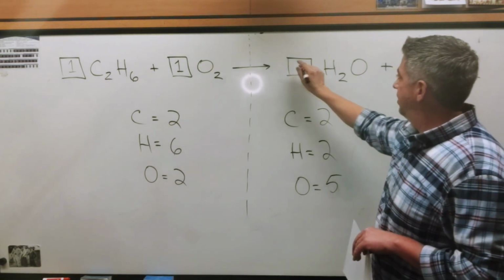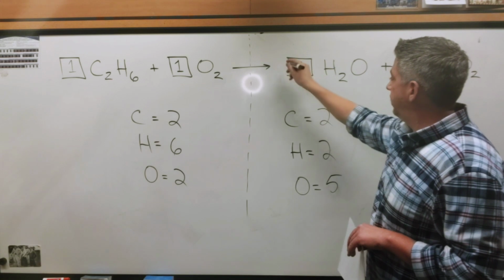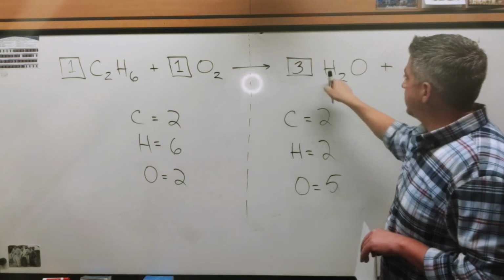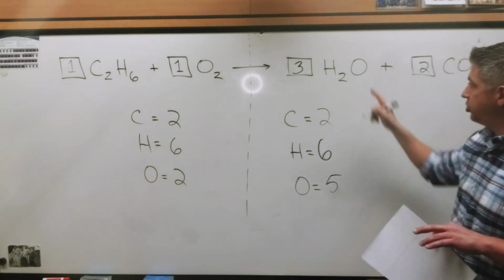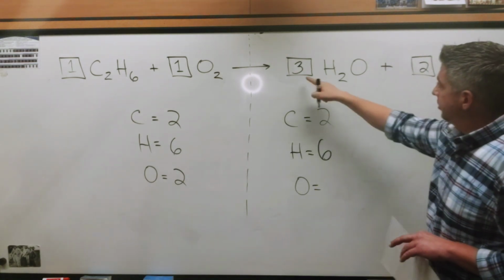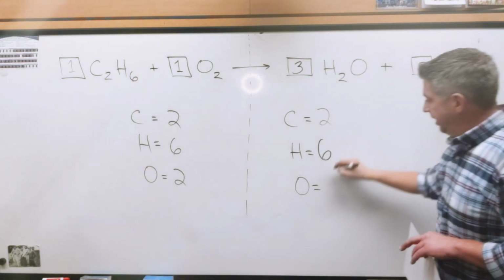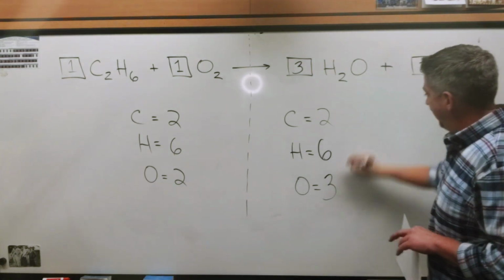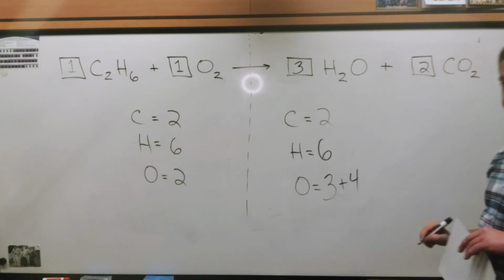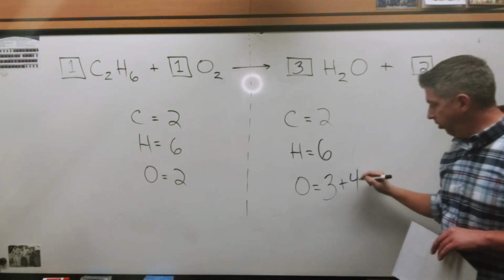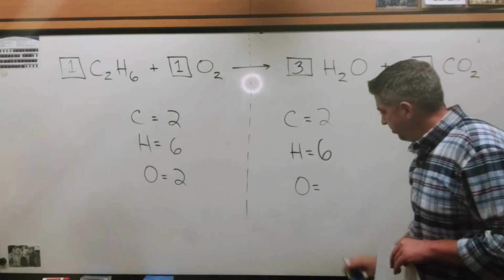We just skip from 2 and go straight to 3. 3 times 2 is 6. Yay. But we also changed our O. 3 times 1 is 3 plus 2 times 2 is 4. So 3 plus 4 would give me 7.